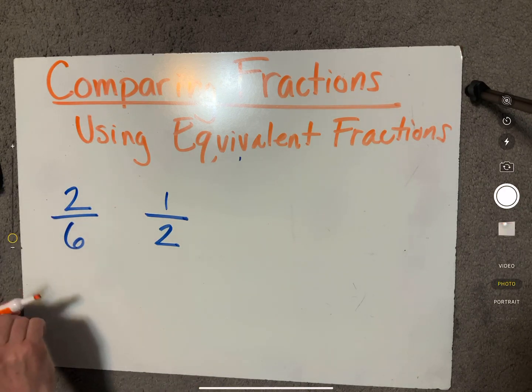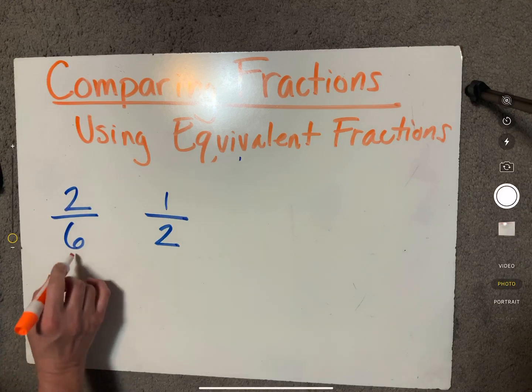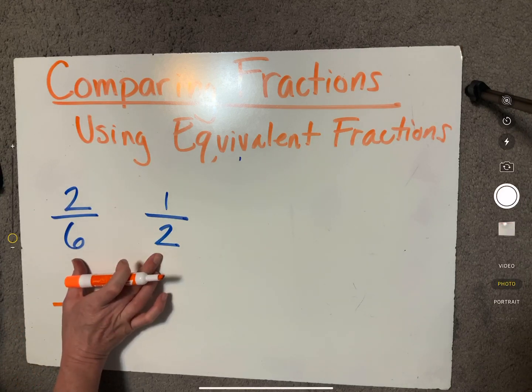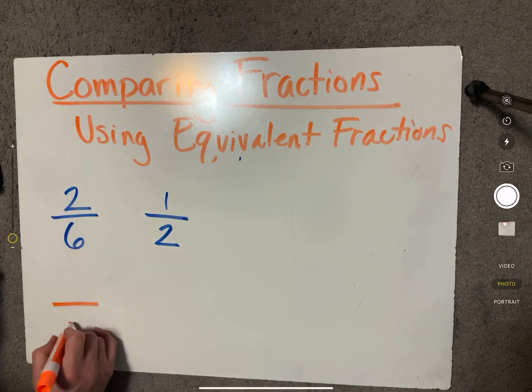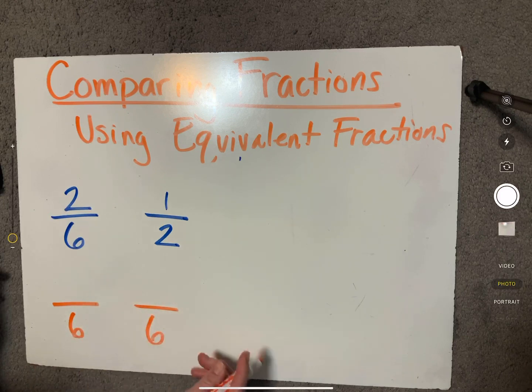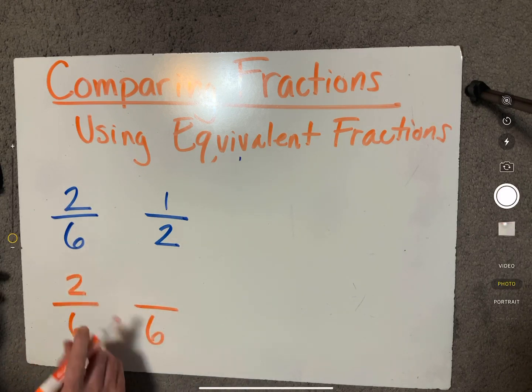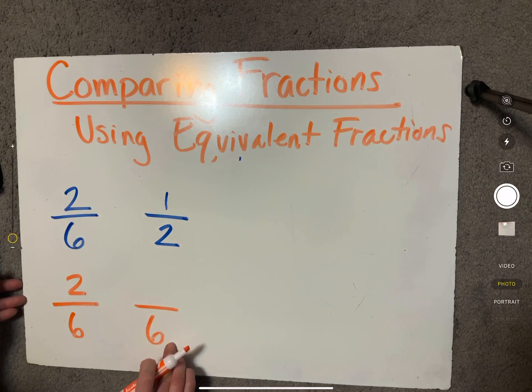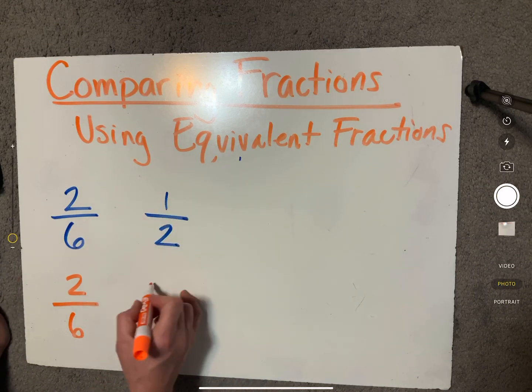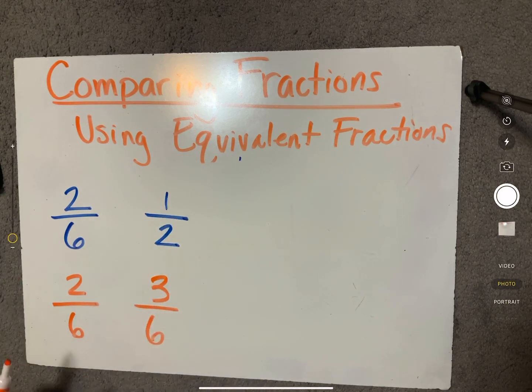So let's try our equivalent fraction mode. I know that 6 and 2 are related to each other because 2 times 3 is 6. So I'm going to make my denominators equal to 6. This second one doesn't need to change. 2 times 3 is 6, 1 times 3 is 3. So now if I look at this, I can see that 3/6 is larger than 2/6.